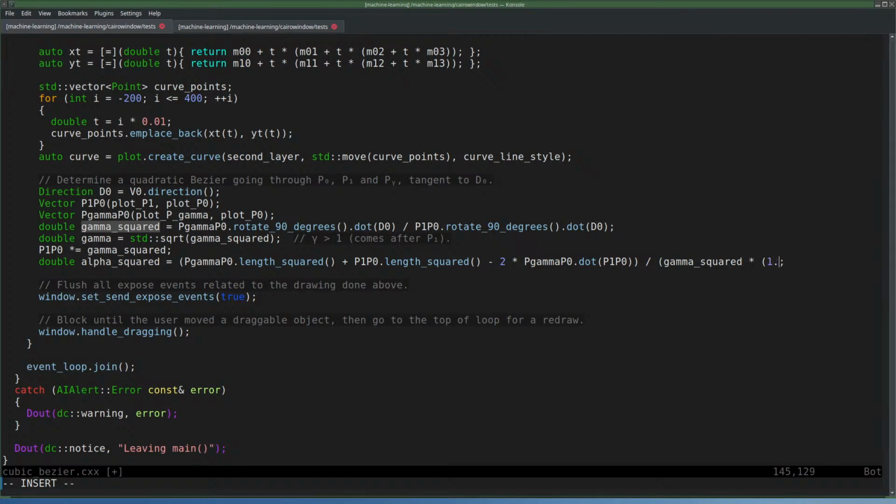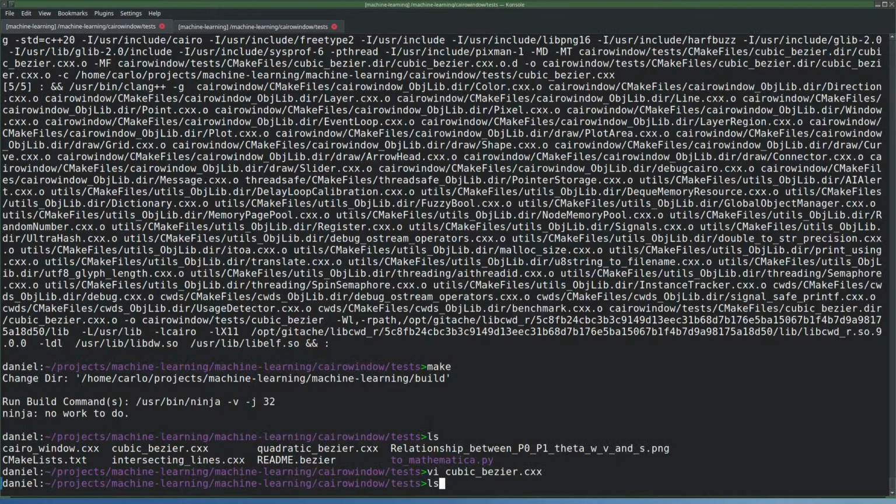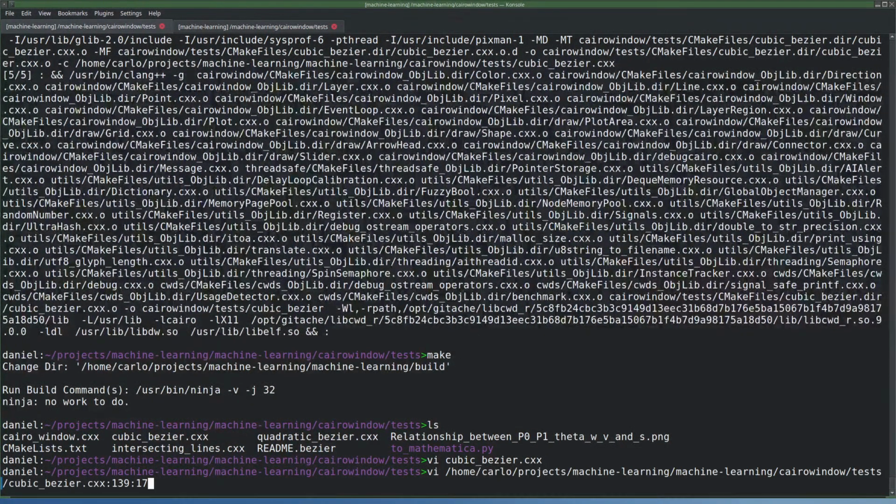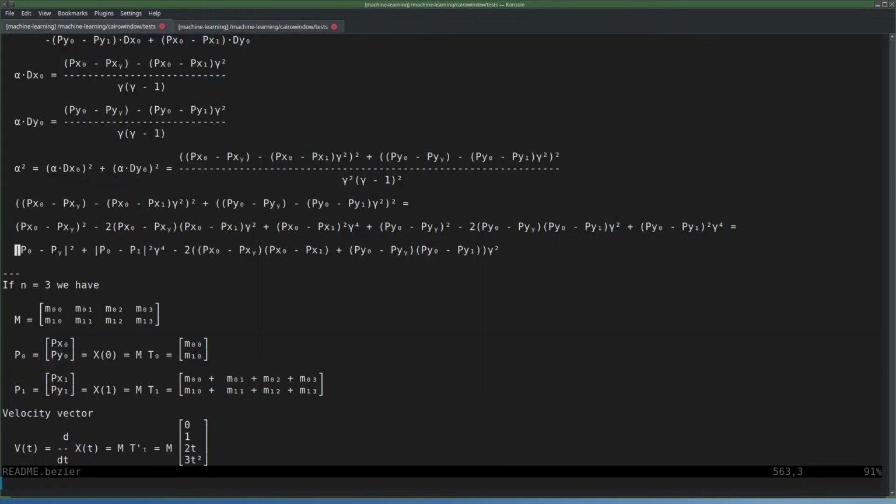Times 1 minus gamma squared. No. Divide by this. Yeah, it's all squared then. Gamma squared times gamma minus 1 squared.